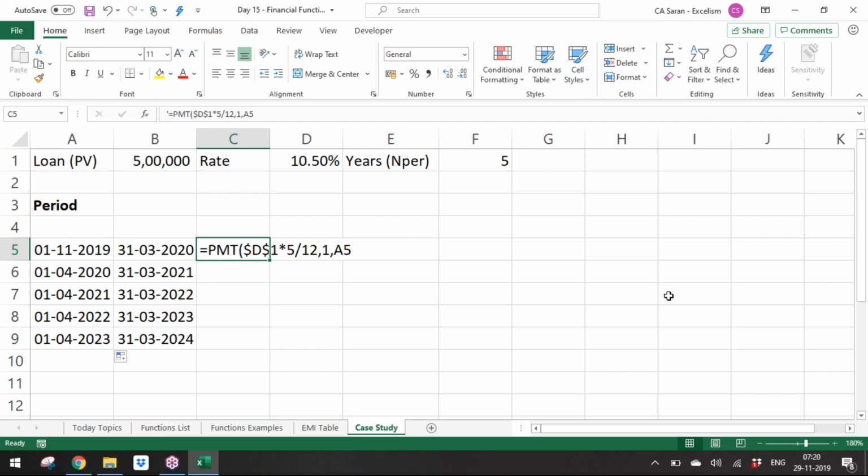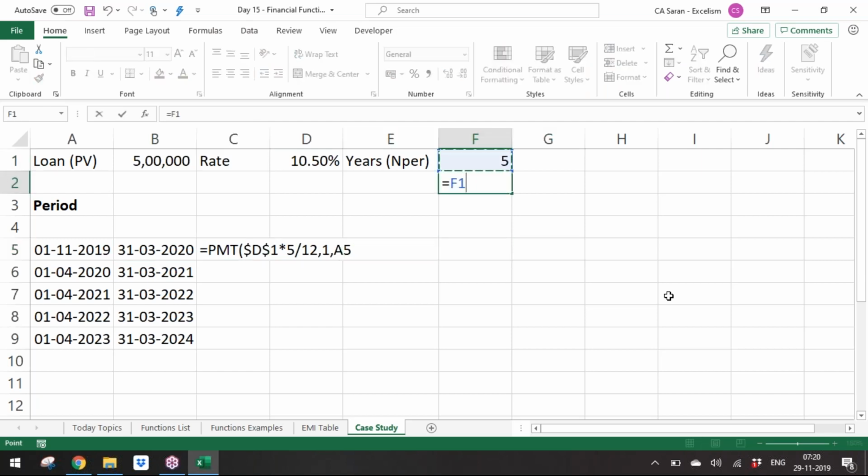I got the point. Then if that is the case, what I'm going to do basically, I'll calculate the EMI as if it is for 5 months. If the total number of years is 5, then into 12 is basically 60.